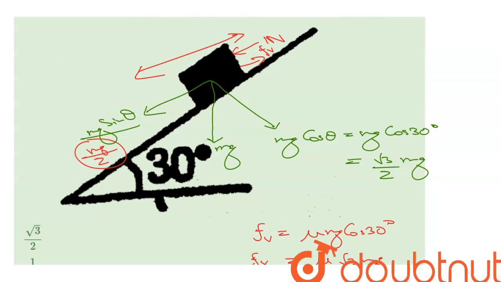Now when you are pushing it upwards with the force of 7 Newton, the frictional force is pulling it downwards.